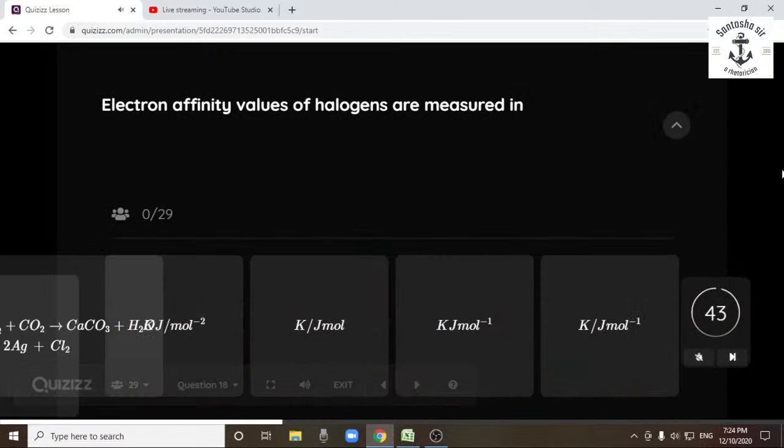Question number 18. Electron affinity values of halogens are measured in... 5 seconds more.